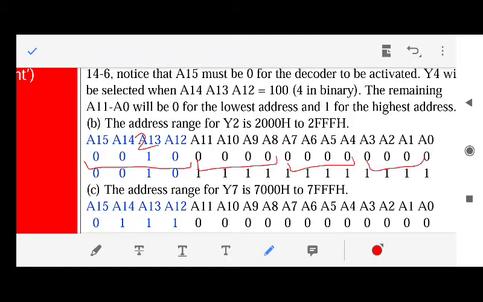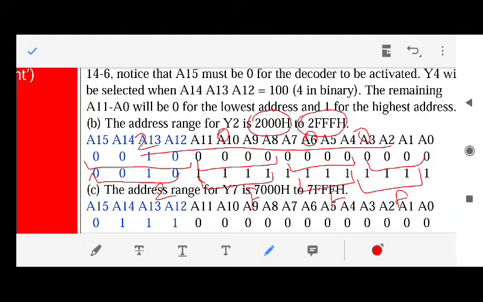That means 200. So the starting address is 200. And the last address is again 2, then F, F and F. So the last address is 2FFF.